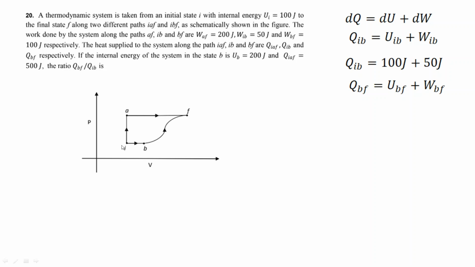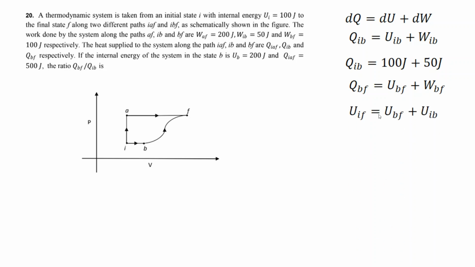So we know the internal energy change when it moves from I to B, and we have to find the internal energy change from B to F. So we will calculate the internal energy change when the system moves through the path IAF, and this change will be equal to the change in internal energy which takes place when it moves along the path IBF.